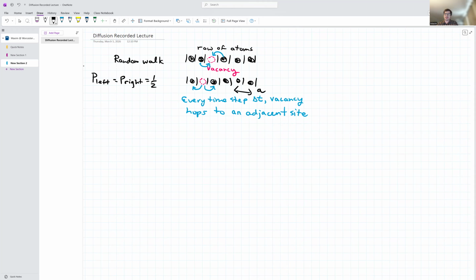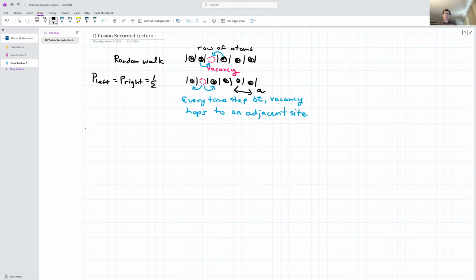So if you think about what this is really like, you can think of it as a series of coin flips. You flip a coin. If it lands heads, you hop to the right. If it lands tails, you hop to the left, and you keep repeating.